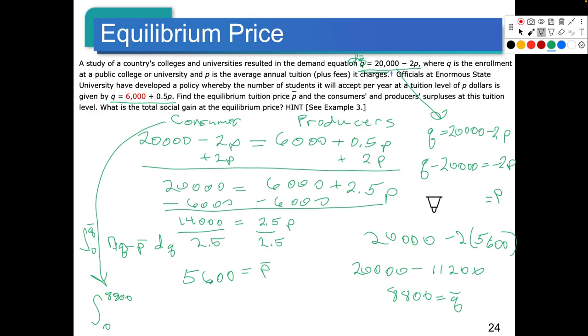So P is going to be Q minus 20,000, all divided by negative 2. You could simplify that if you want, but that's going to be your consumer function.